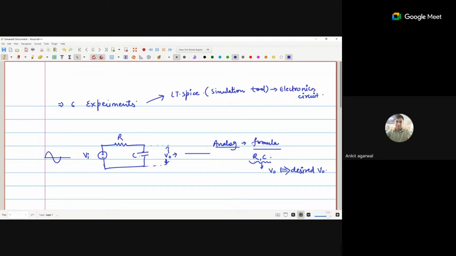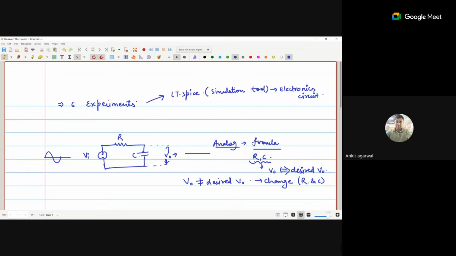If V out is not equal to the desired V out, you have to make some minor changes in the values of R and C. This is the approach you have to follow in LTspice.